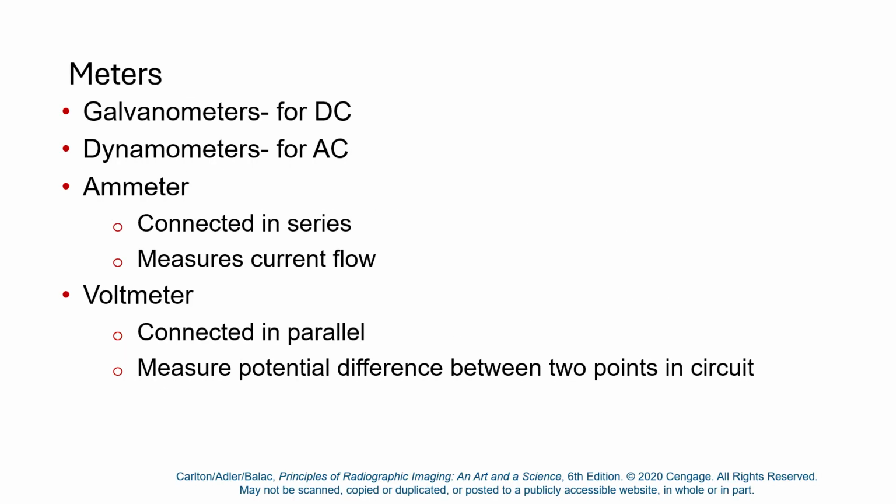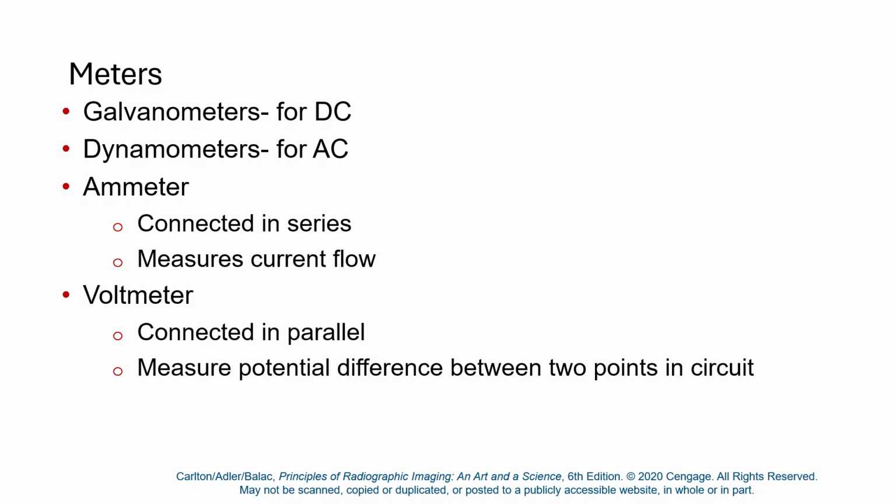Meters. I talked about meters in the last lecture. And so this is the answer to why you need to learn circuit geometries and why you need to learn that current is constant in series. If we want to predict the current going across the X-ray tube, we need to wire the ammeter in series, because whatever it measures at the ammeter is constant, and the X-ray tube is wired in series to it.